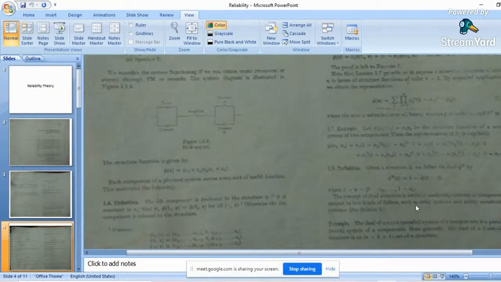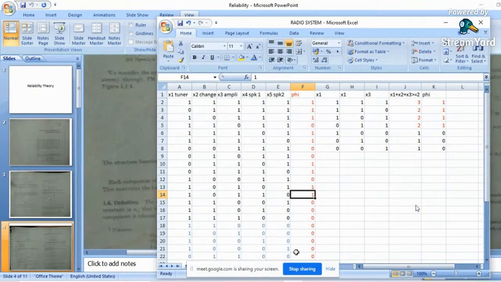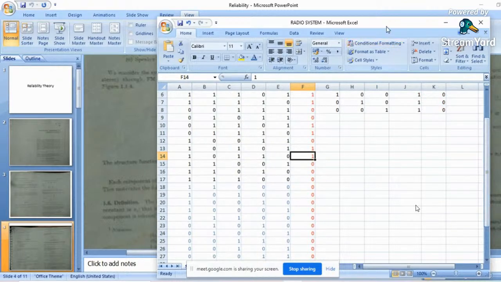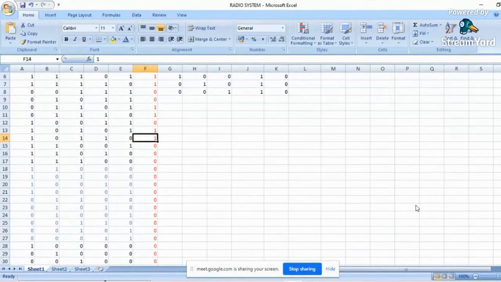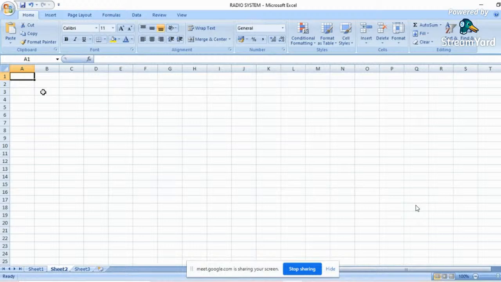And now there is one definition, that is a vector notation. I will show that vector notation here.